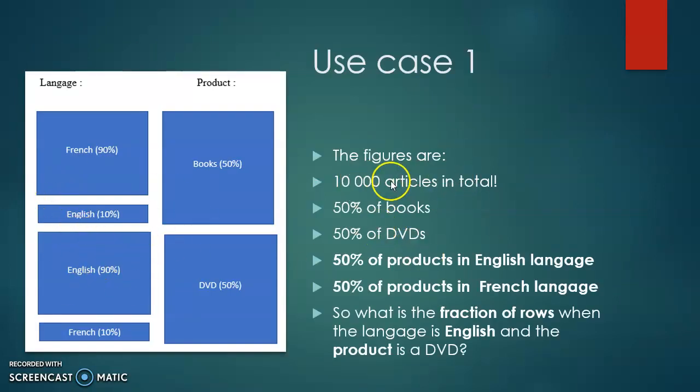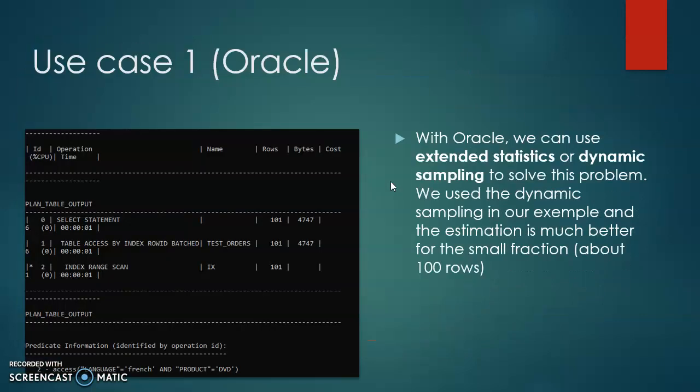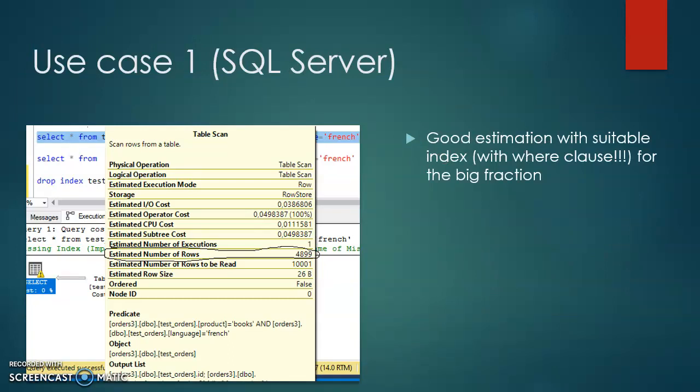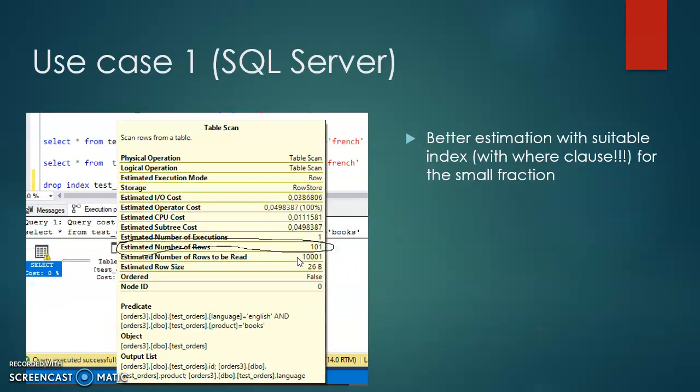Remember that we have 10,000 articles in total. What about SQL Server? We put a good index in the right place, the index with the where clause for the big fraction, and we got a much better result. There was a better estimation for the small fraction as well.